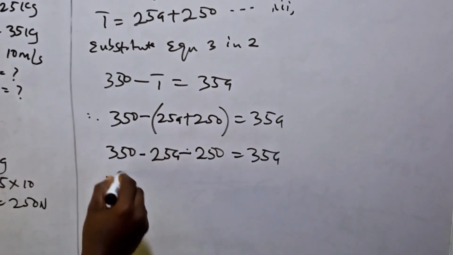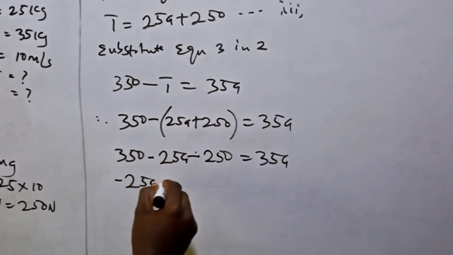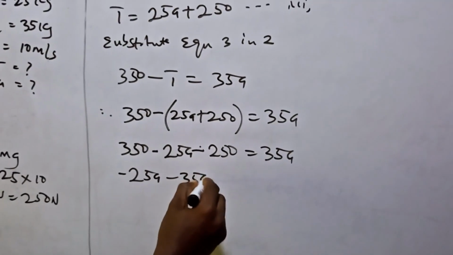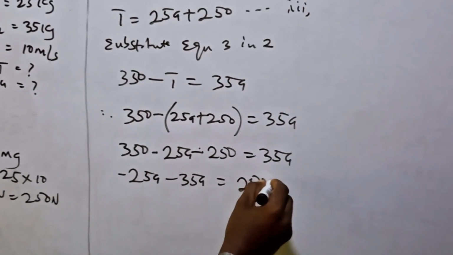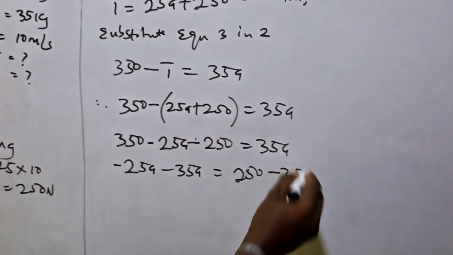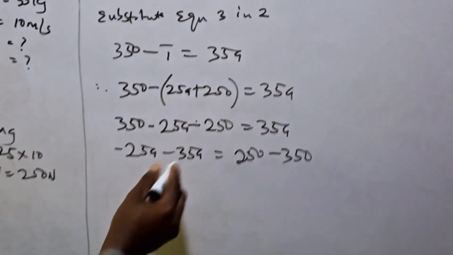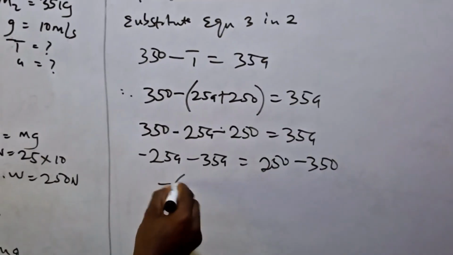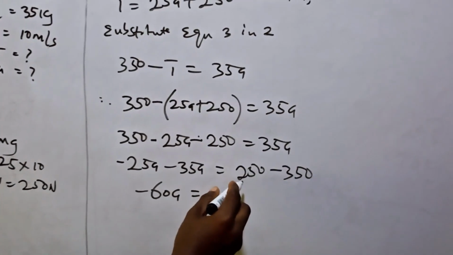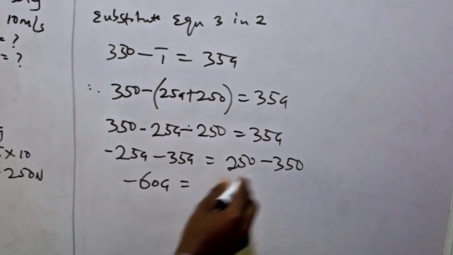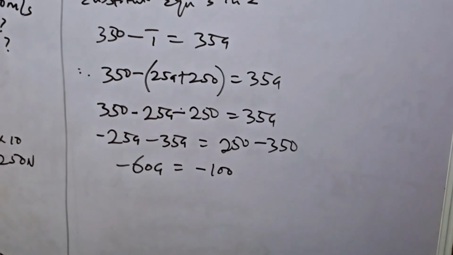We have minus 25a; this crossing over to this side becomes minus 35a, equals 250 minus 350. Now minus 25 minus 35, we will have minus 60a, equals 250 minus 350, you have minus 100.